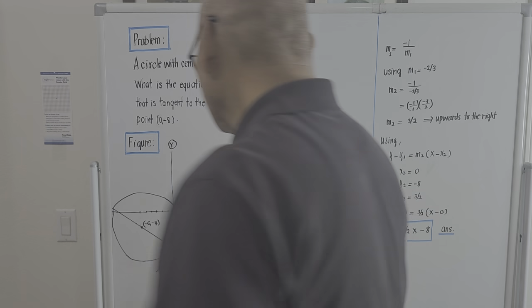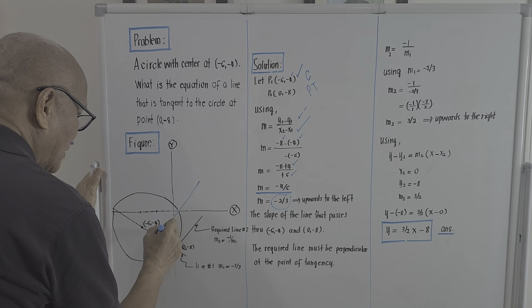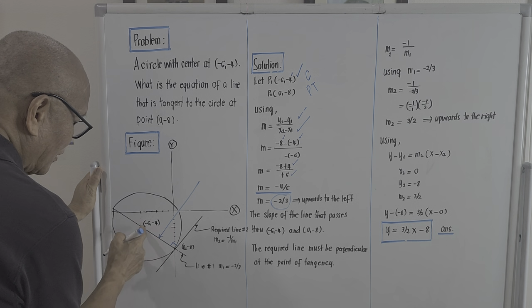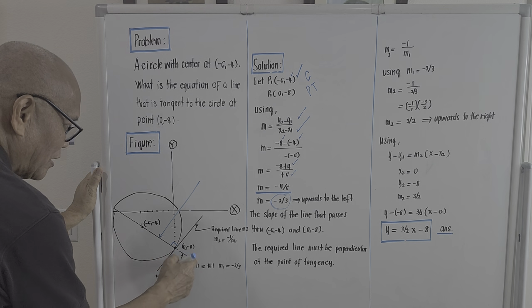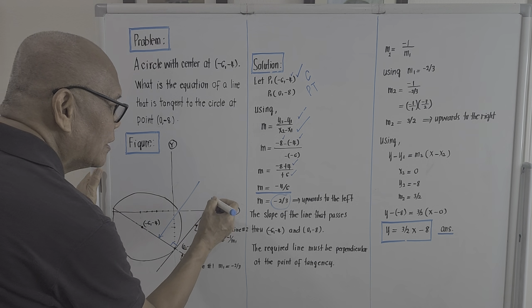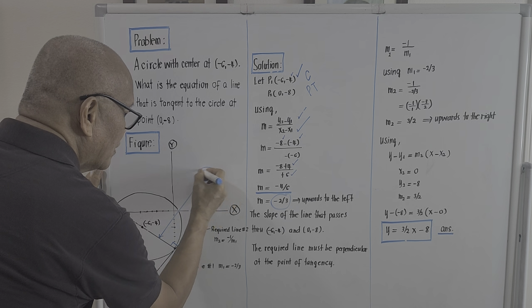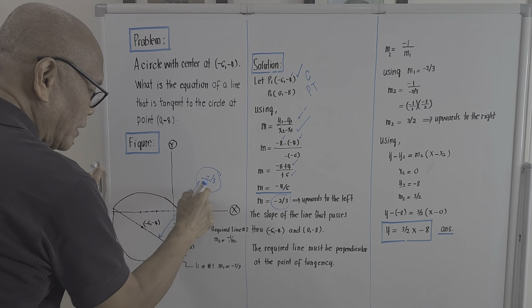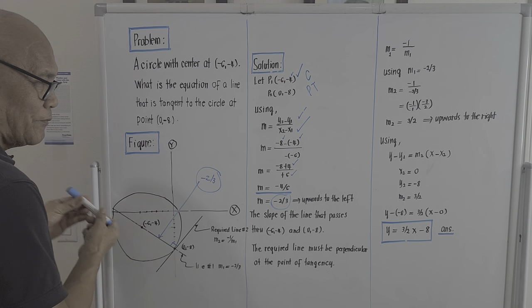Meaning, the slope of the line that passes through -6 and 4 and 0, -8, this slope is actually -2/3. It is negative, meaning it is a slope upwards to the left.